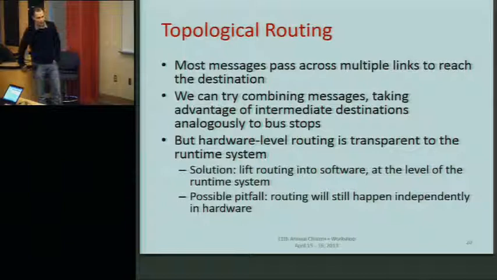When we perform routing, there is a little bit of a danger in that we will be making routing decisions in software, but we should be aware that every time we send a message, even if we are sending to an intermediate destination, there's a danger that the hardware will perform indirect routing and the message will not travel along the path that we expect.